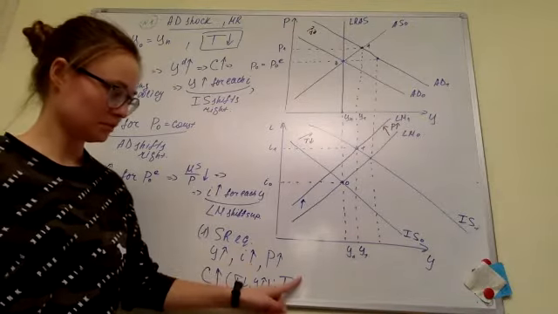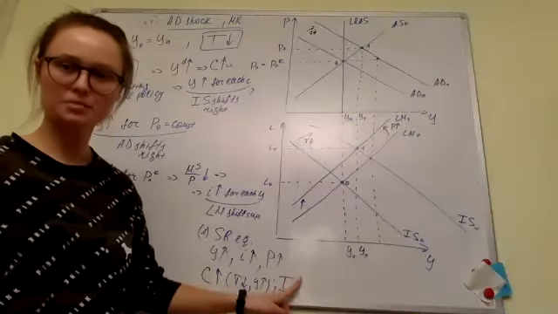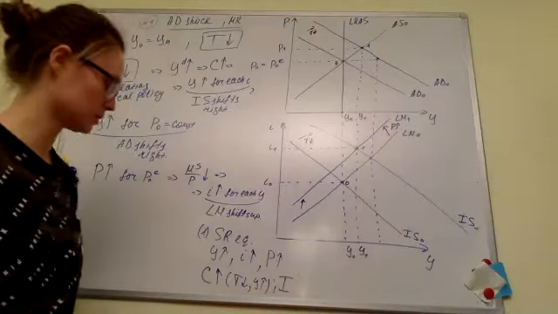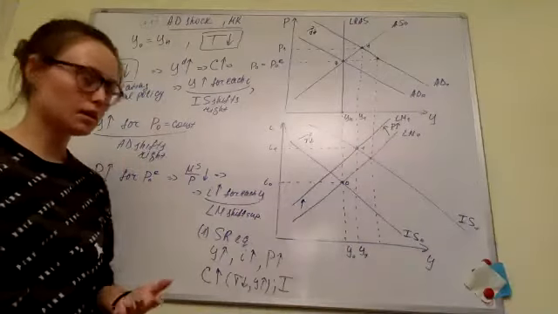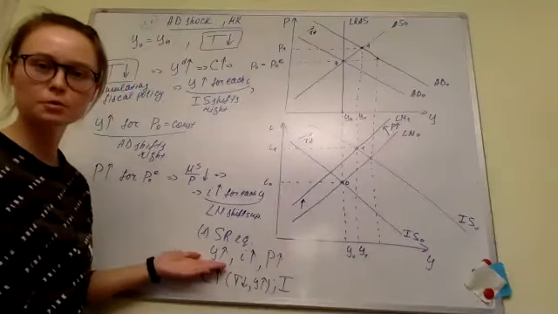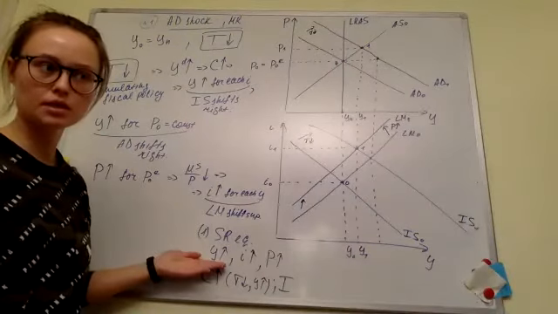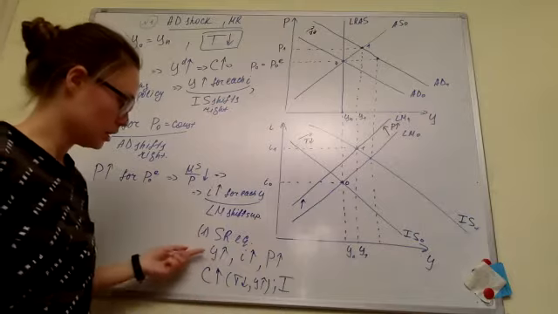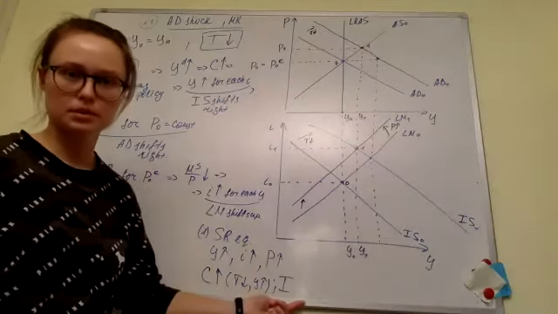That means we will borrow less, which means lower investments. But on the other hand, we have a higher level of output, and we know there can be a positive connection between output level and investment level.